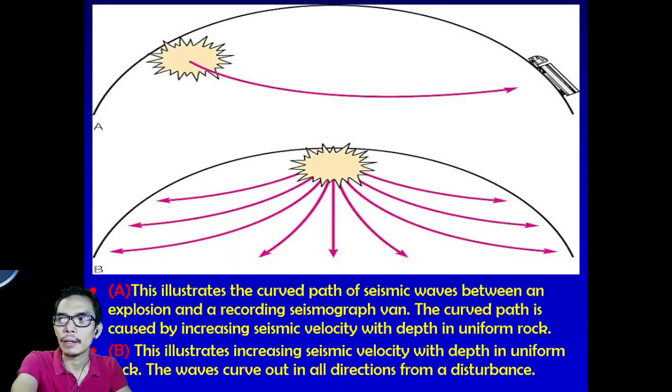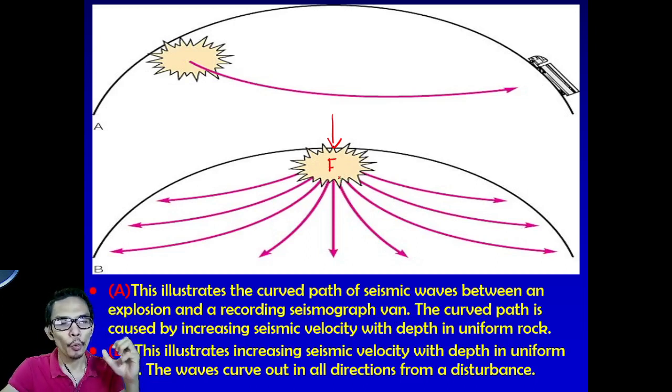Now, consider seismic waves when there is an earthquake. For example, the earthquake happened here and the focus is over here. When there's an earthquake, seismic waves are generated.